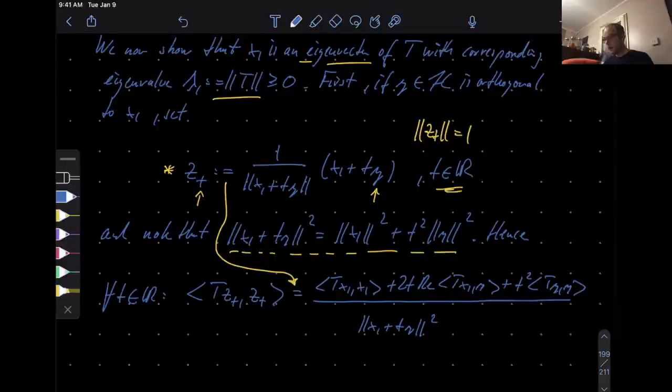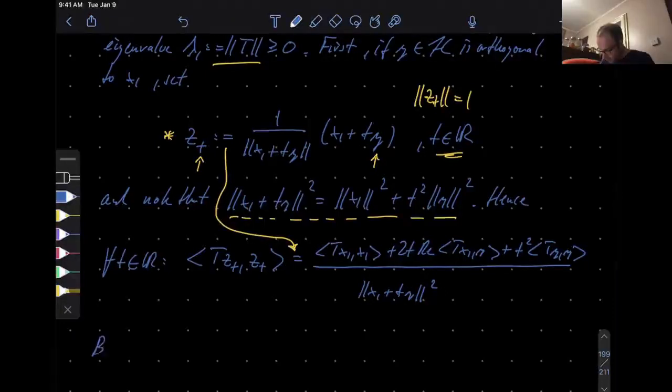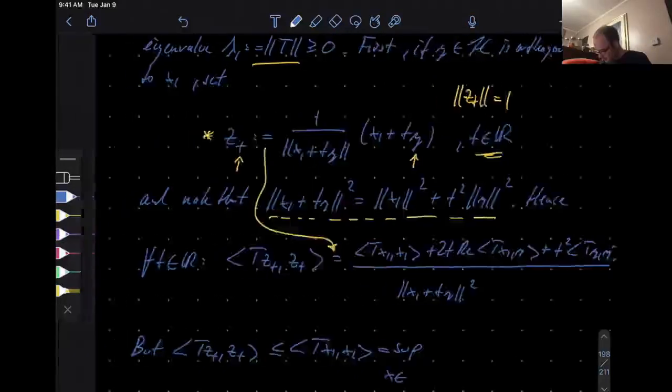That's what you get. All right, however, remember that the family of vectors z sub t all have unit length, so they are in the closed unit ball, right? Yeah, but that means in turn that this guy has to be less than or equal to this guy, because x1, remember, this was the supremum. Did I call this capital X?